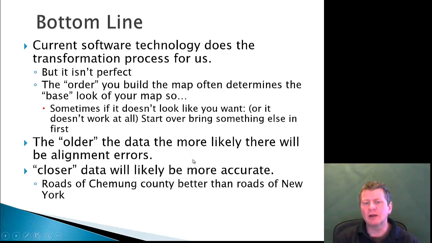I call it closer data because it's like zooming in. If we have data that relates to the roads in Chemung County, which is in New York, and we bring in that data first, it's probably going to be better than if we bring in the roads of New York first and then the roads of Chemung County. So you probably want to bring in newer data first and then the older data.